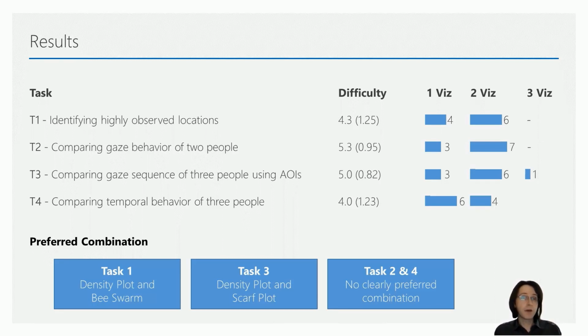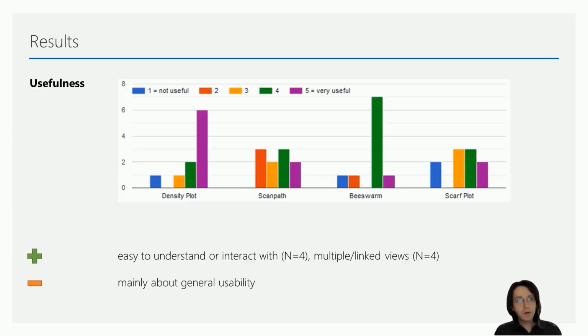And for the other 2 tasks, participants used a range of combinations, so there are no clear preferences in those cases. Among the 4 different views, the density plot and the bee swarm were considered highly useful by the majority of the respondents. Opinions differed, however, for the scan path and the scarf plot, where the ratings were rather uniformly distributed over the rating range.